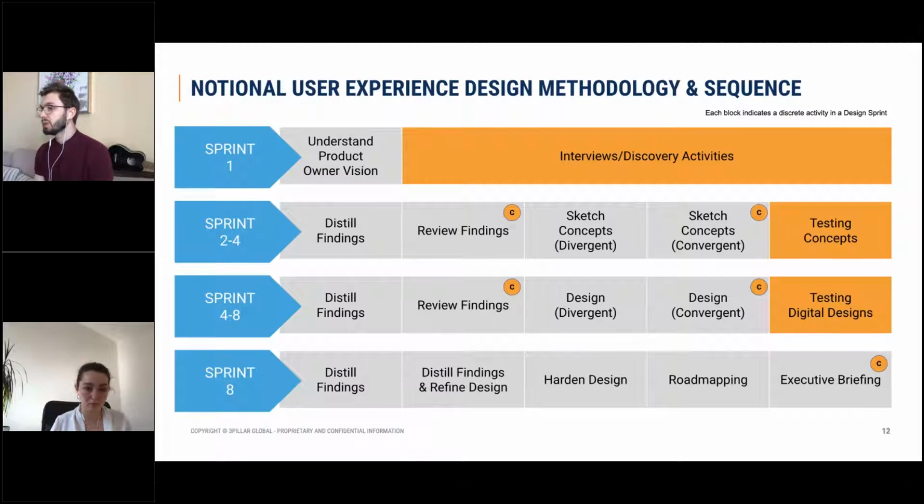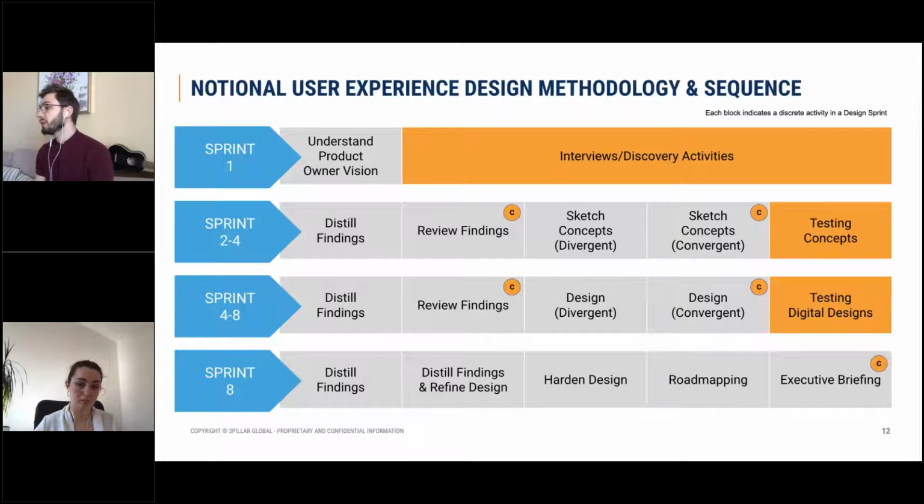So by the time you get to the 8th week, we would actually have a pretty well-defined prototype concept that we would present to our stakeholders via an executive briefing.